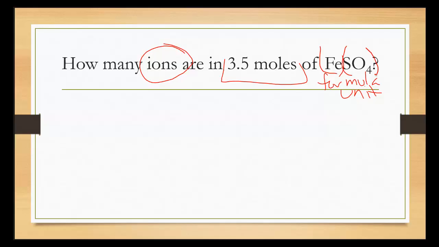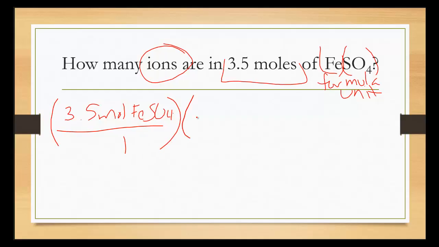So 3.5 moles of FeSO4 over 1. In 1 mole of FeSO4, I'm going to get it to formula units first. There's 6.022 times 10 to the 23rd formula units.